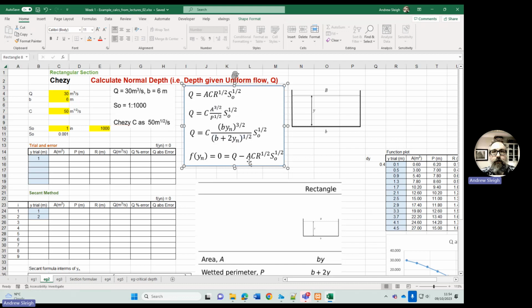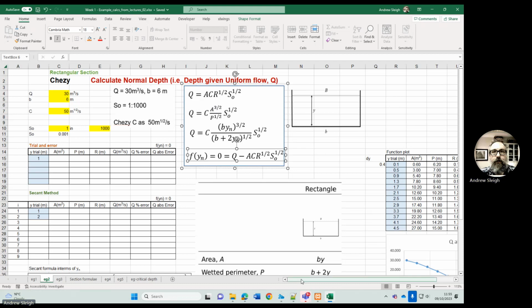But it's simpler to do an iteration setting the function to 0. So the function being taking the Q or the right hand side over to the left hand side and setting it equal to 0. Just written it the other way around here. And solving for the value of y, which gives you a function of 0.